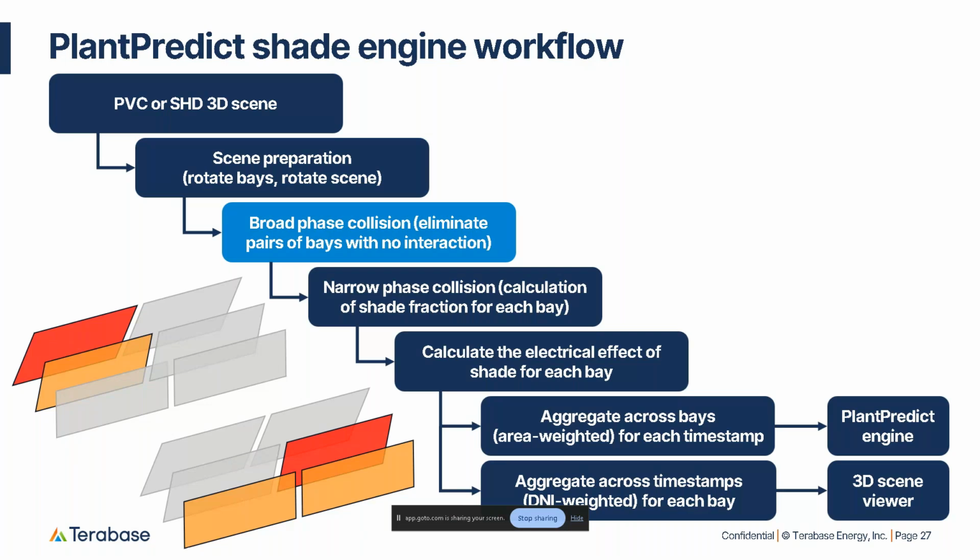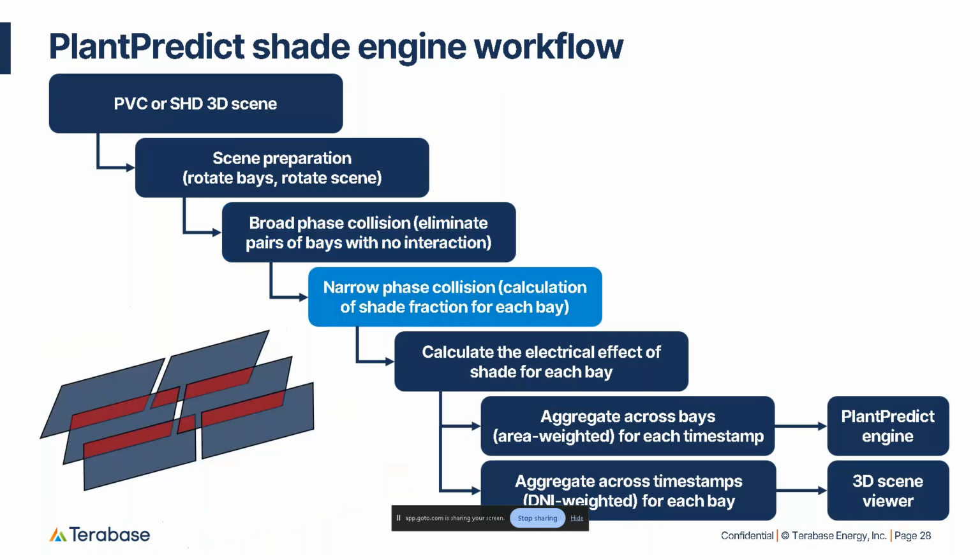So in the top left here, the red bay is only intersected by the one orange bay, but in the lower one, the red bay can be intersected by 2 other bays. And once we have this list of interacting bays, then we run the narrow phase collision, which is this polygon clipping algorithm. We limit it really to the bays that need to be intersected, and we render for each bay what is the shape of the shade on it.